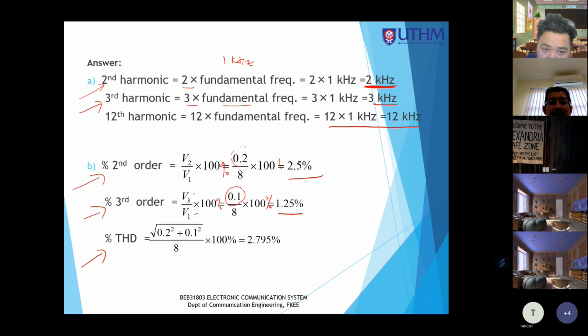So total harmonic distortion, remember we need to find the V quadratic summation. Quadratic summation of V2 square plus V3 square. 0.2 squared plus 0.1 squared, divide with the V fundamental 8 volt, multiplied with 100%, so we get the total harmonic distortion as 2.785%.